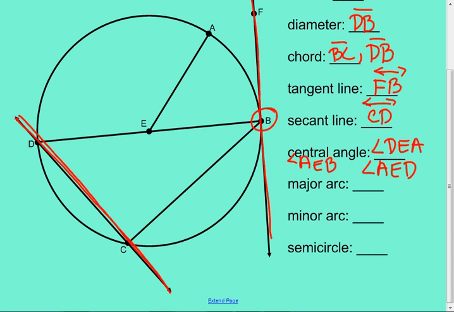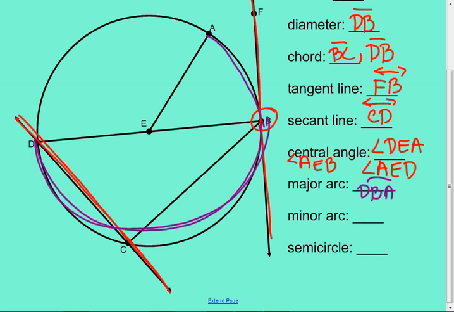Okay. What's a major arc? D to B to where? This is a semicircle here. D to B to, that's got to go bigger than a semicircle, to A. And then you have to put a little arc above there. So when you see the homework, you see the little arc symbol, you're going to know what that means.